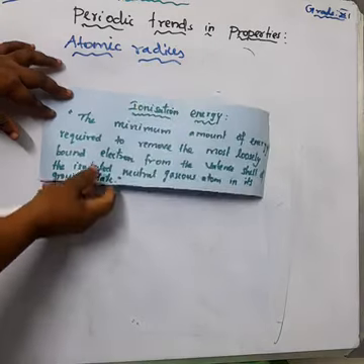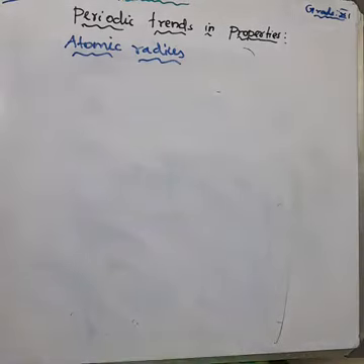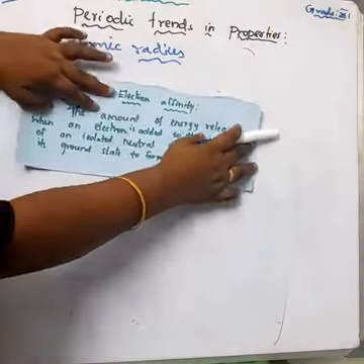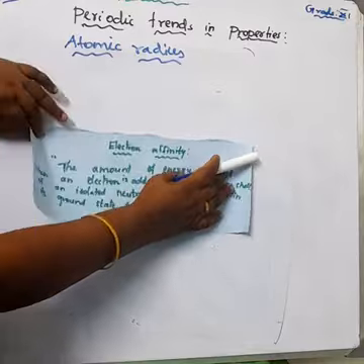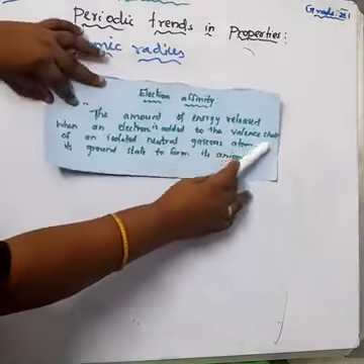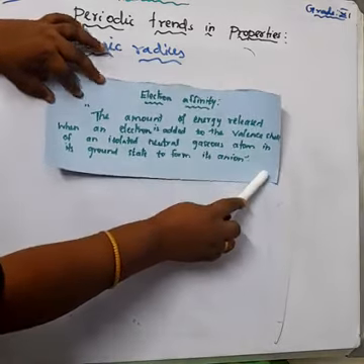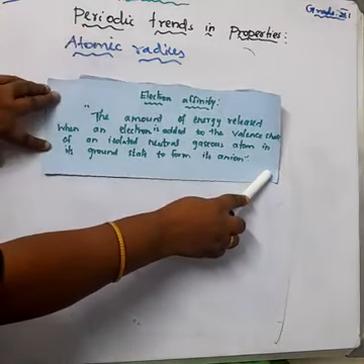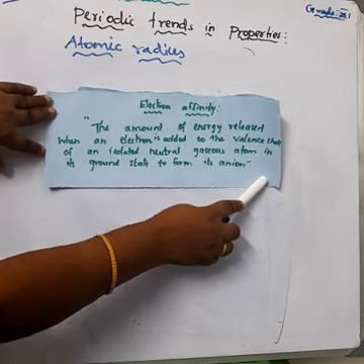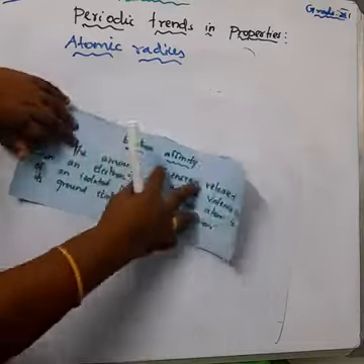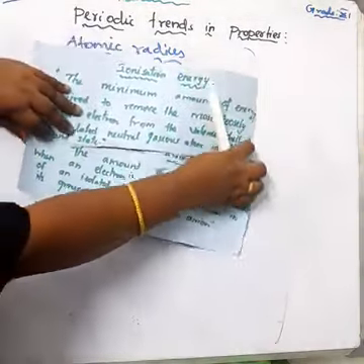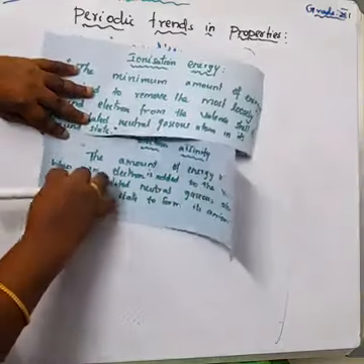And then electron affinity is defined as the amount of energy released when an electron is added to the valence shell of an isolated neutral gaseous atom in its ground state to form an anion. Ionization energy means the minimum amount of energy required to remove the electron from the valence shell of the atom.